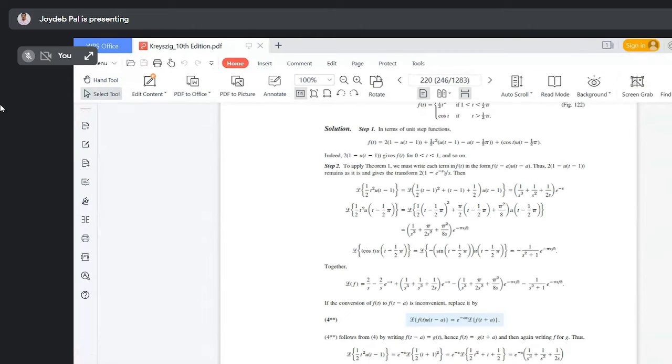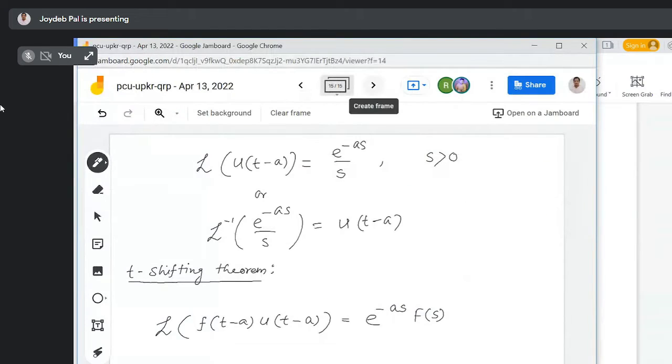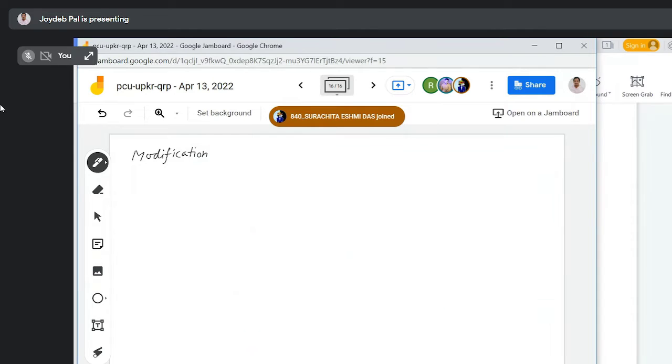Before that, I should mention a modification of the T-shifting theorem. That modification reduces some calculation. What kind of calculation does it reduce? I will tell you. Before that, you should note it.